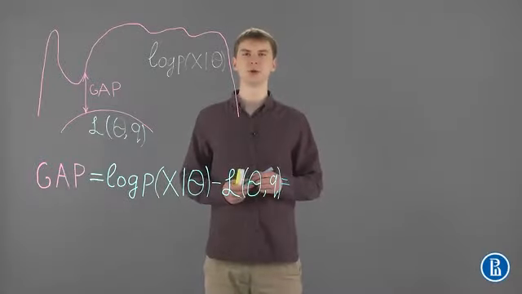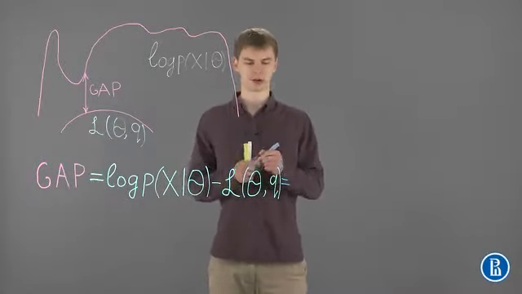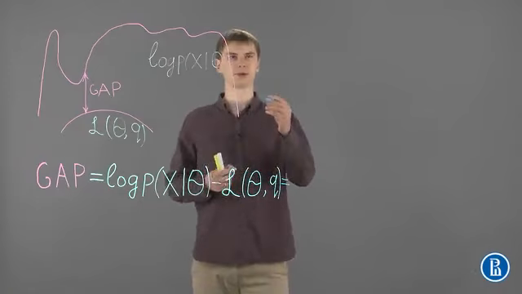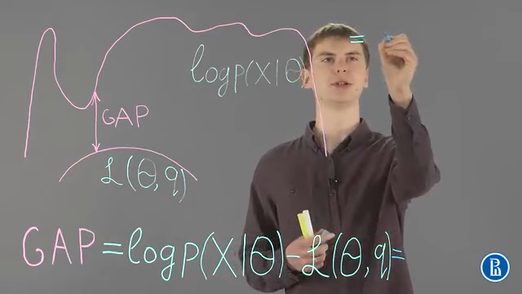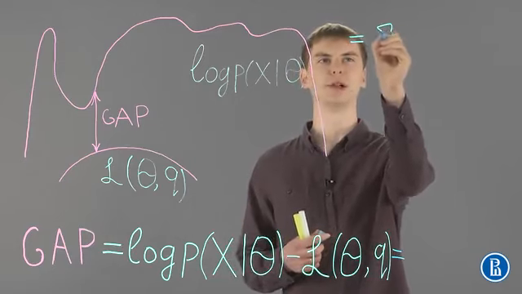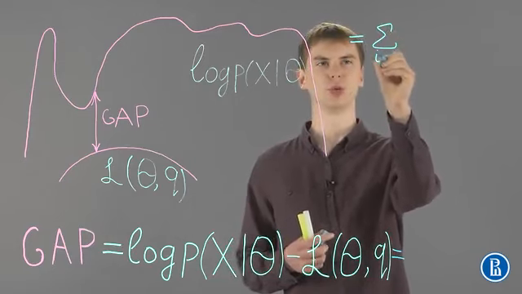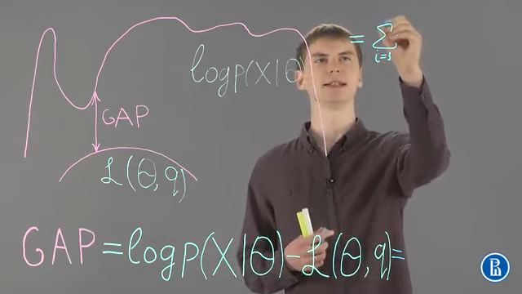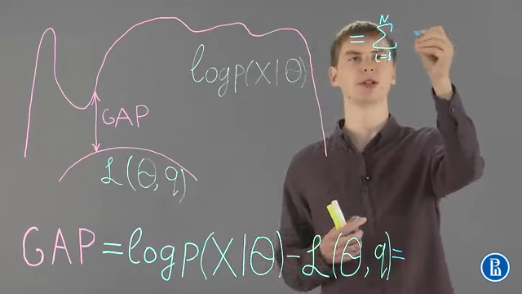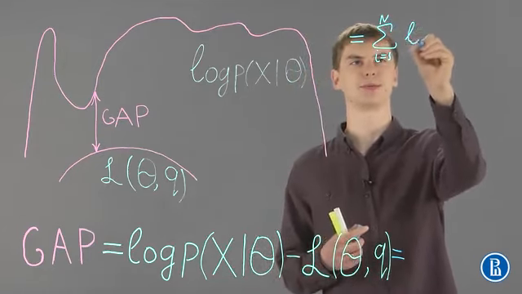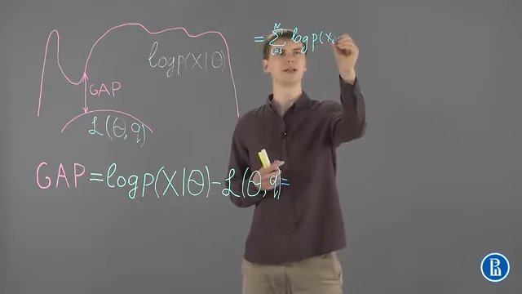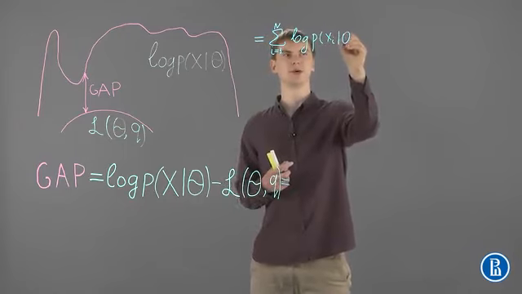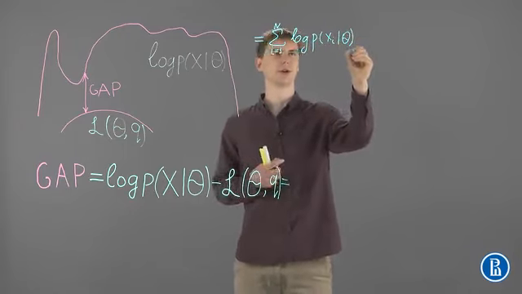So let's look closer into this gap between the marginal log likelihood and the lower bound. First of all, we can decompose the marginal log likelihood into a sum with respect to individual objects, as we usually do. So we assume that the data set consists of individual objects that are independent given the parameters. Then we can recall the definition of the lower bound, which we have just derived in the previous video.